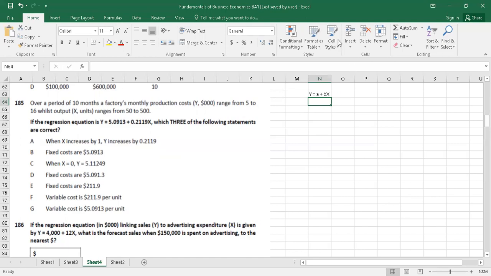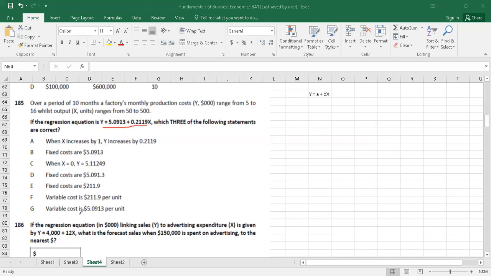But this equation is also used to find out the relationship between costs, because in the question there is already a regression equation which is framed and given, and the answers given all focus on fixed cost and variable cost.